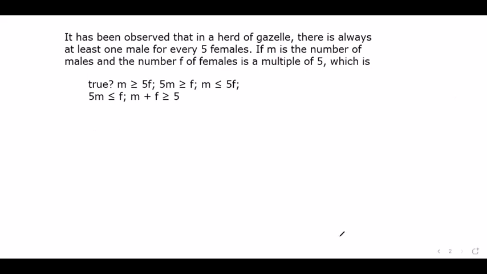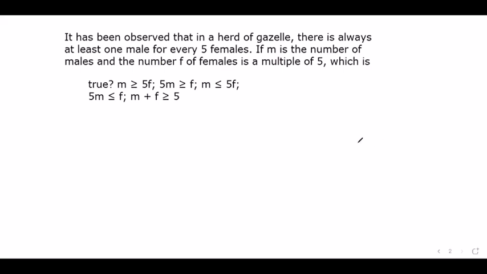So let's look at this question again. It's a wordy question. You've got a herd of gazelle, a whole herd of these animals. And it says that there's always one male for every 5 females, at least. Now that's an important point. There's at least one male. So you could have 2 males or 3 males or whatever.